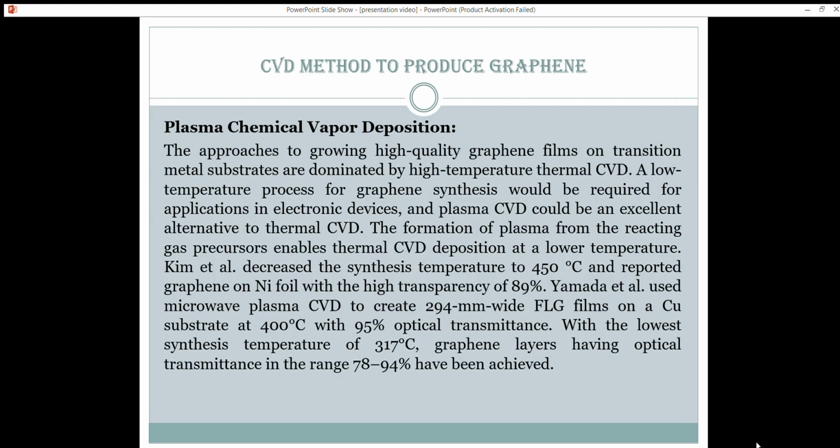Moving next, we will see what is basically the plasma chemical vapor deposition method. Plasma is basically the fourth state of matter, and plasma enhanced chemical vapor deposition is a chemical vapor deposition process used to deposit thin films from a gas state to a solid state on a substrate.